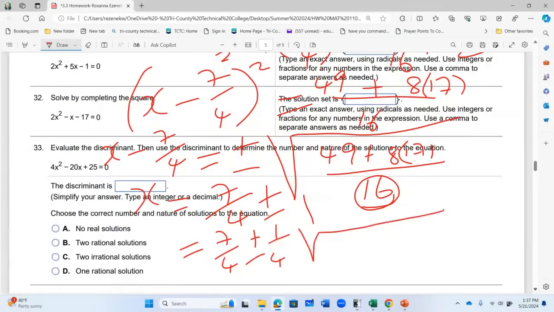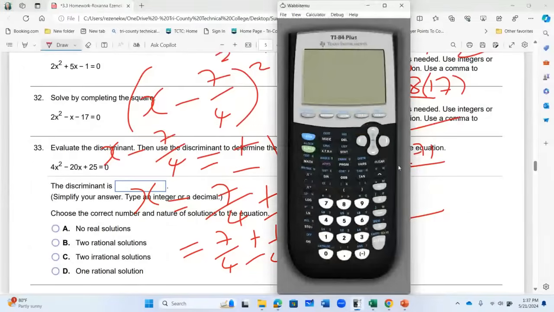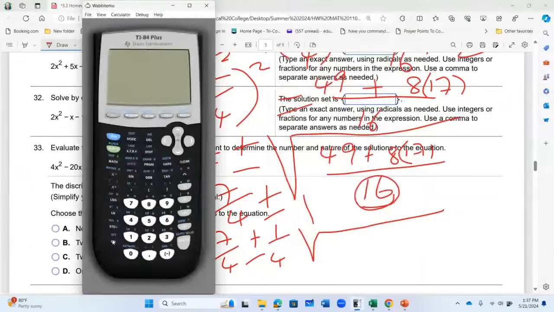Then you get a calculator. So get your calculator, and so I have 17 multiplied by 8, I have 136 plus 49, I have 185. Then I'll find the square root of 185.